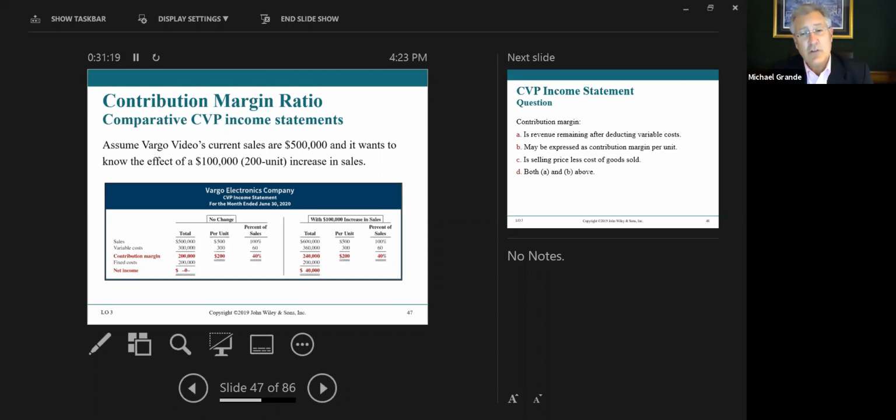And you also know that fixed costs do not change. Total fixed costs stay the same as volume changes. So the fixed costs in this problem are going to be $200,000, whether they sell 1,000 units or 1,200 units. So you can clearly see that if they add $100,000 in total sales and the contribution margin ratio is 40%, they're going to have an increase in contribution margin and an increase in net income of $40,000, 40% of $100,000.